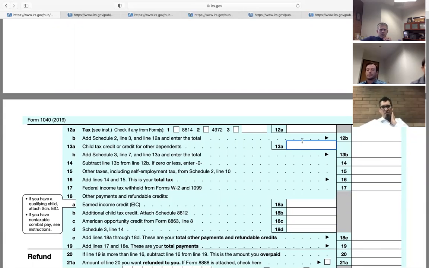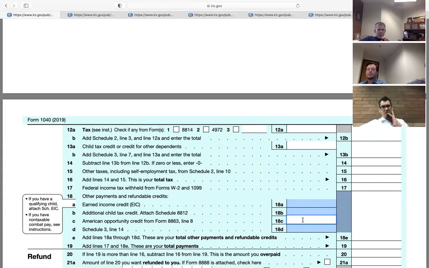So if you only have enough tax to get 1,000, because your taxes calculate 1,000 on line 12B, obviously it's only going to put 1,000 here. This will go to 0, a total tax. But then they'll say, since you didn't have enough, we'll give you a $1,000 refund as well. But this 8B and 13A will total the $2,000 per kid.